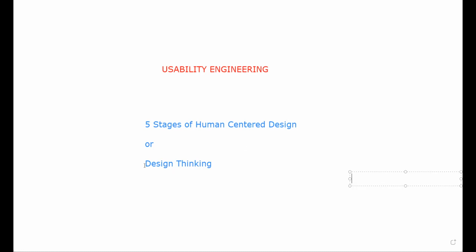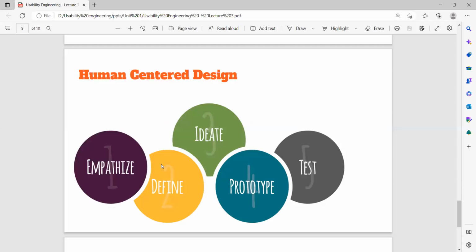And these are basically the same stages of design thinking. So the way you think, you innovate, and you design. These are the 5 stages you can see on the screen. First is empathize, second is define, third is ideate, prototype is fourth, and last but not the least is testing.